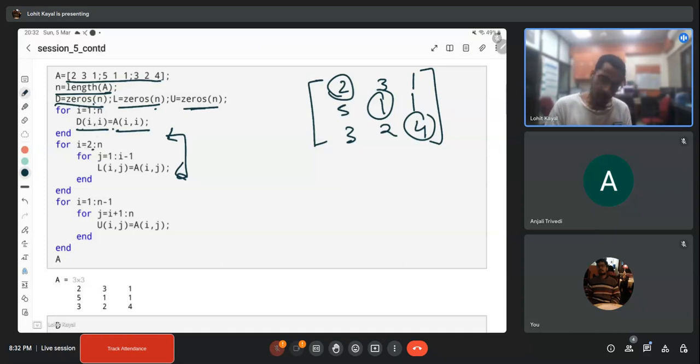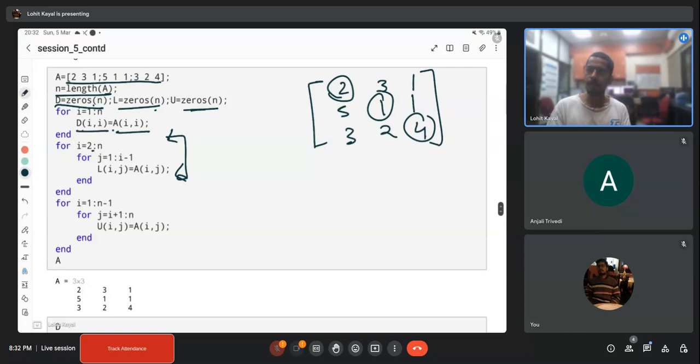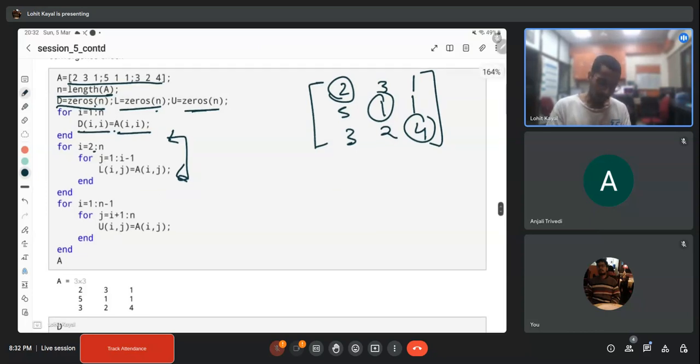Now for i equal to 2 to n. I have told earlier that I don't care about the first row because the element will be 0 anyway, and I will go just up to the below diagonal point. This is below diagonal point, this is diagonal point, this is above diagonal point. I just want to go to the below diagonal point. Again, all the other elements will be 0 because I have initiated with 0.